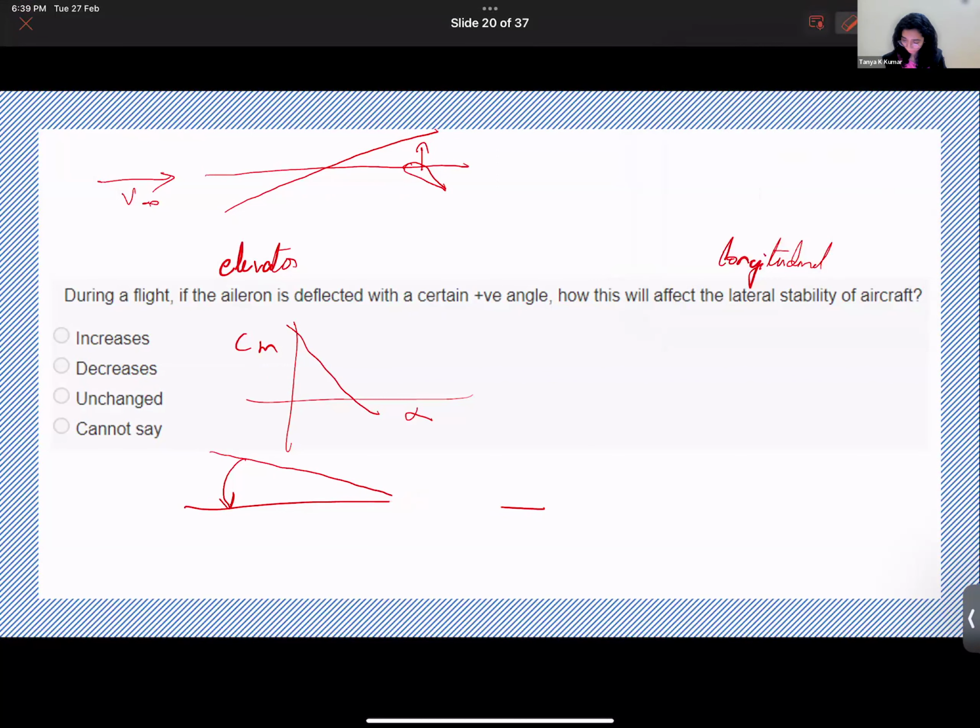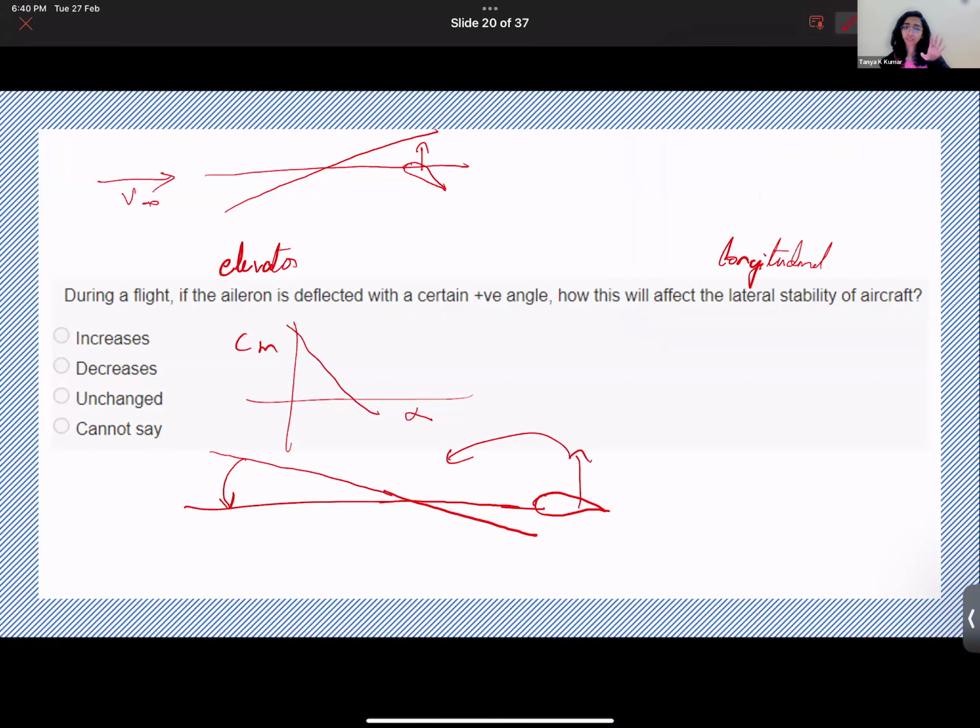Now tell me, what does the elevator do? The tail here produces the restoring moment. Yeah. So the elevator produces moment about CG when deflected.